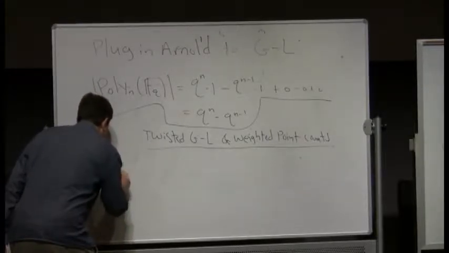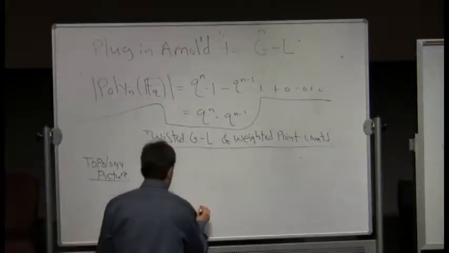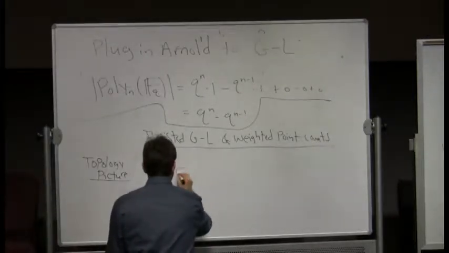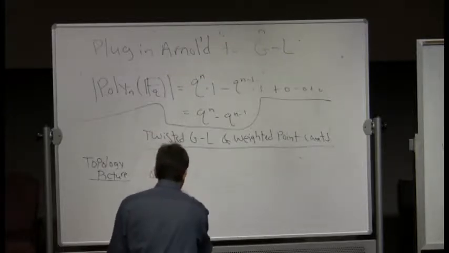Here's a beautiful vector bundle, a very natural vector bundle over the space of polynomials. It's an n-dimensional complex vector bundle. I'll just call this E sub n.